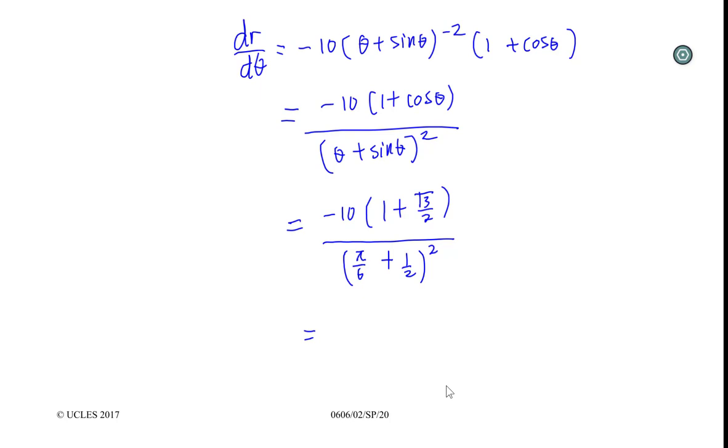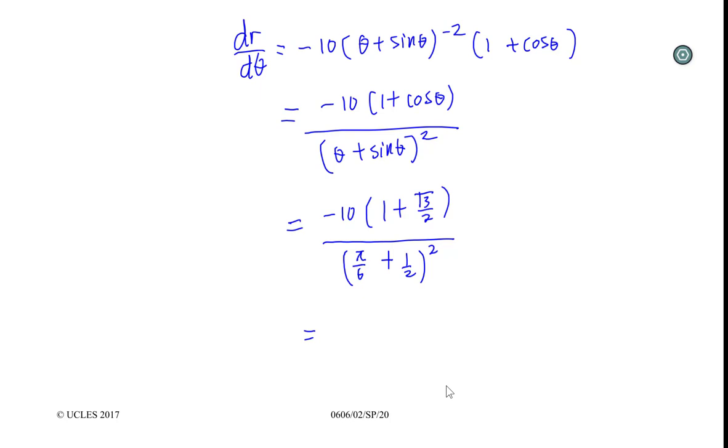So -10 bracket 1 plus square root 3 over 2, divided by pi over 6 plus 0.5.